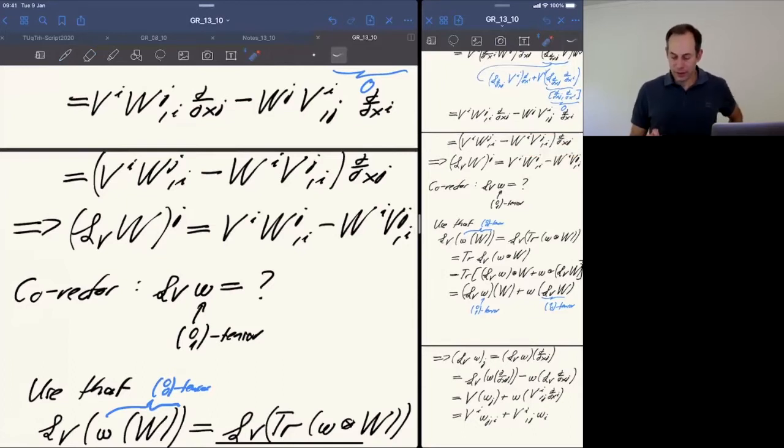If you take a derivative in Cartesian coordinates along a direction v of another vector field w, then obviously you have to take the derivative of w in the different components. So if you go in direction i, you take the derivative in the i's direction, and then you sum over all directions with the corresponding weights.